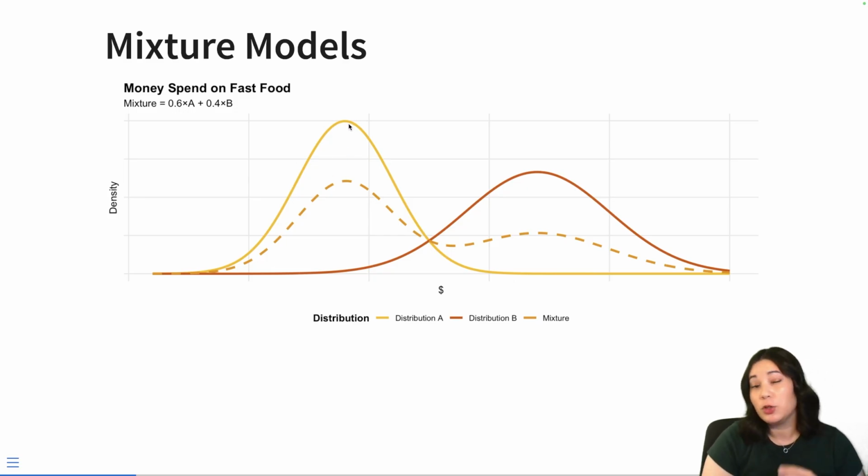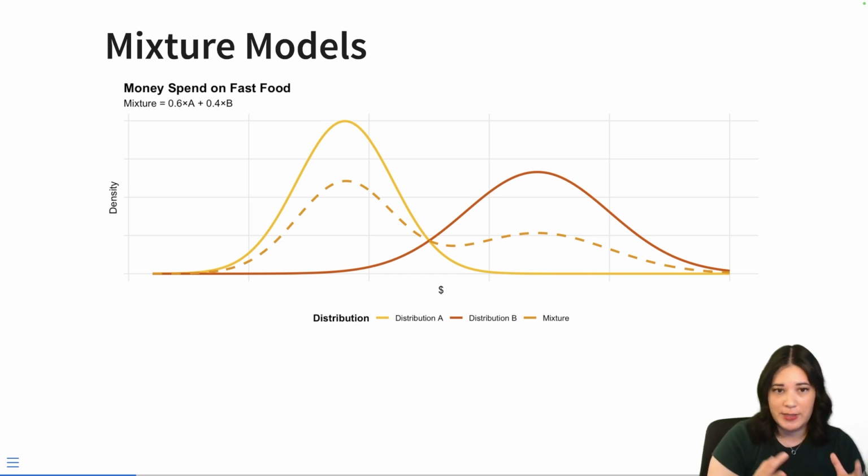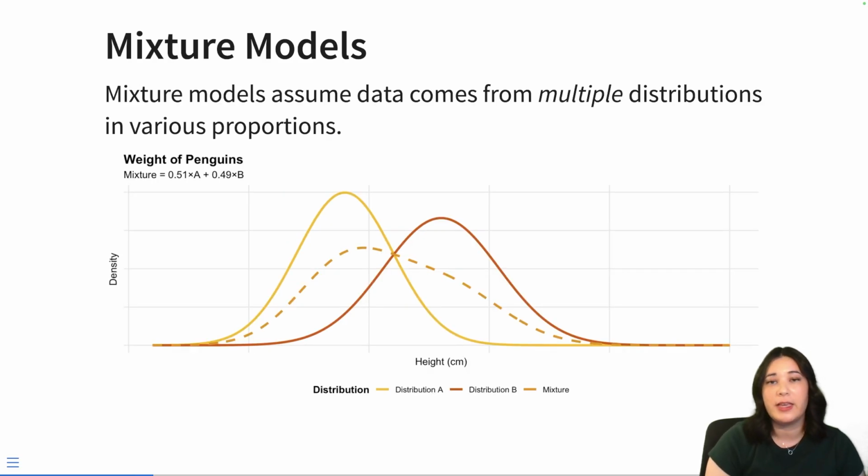Now, if we were just looking at a sample of people and how much money they spend on fast food, we would see a mixture of these two distributions, like the dotted line. Or we might see something like if we have two sexes of penguins, then we might have males distributed one way, females distributed the other way. And so the actual distribution of the heights of the penguins would be a mixture of the two male and female distributions.